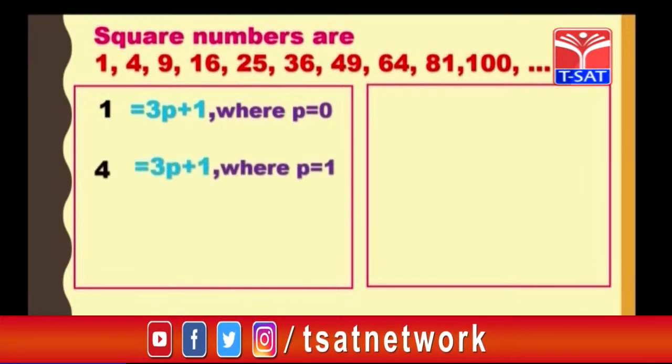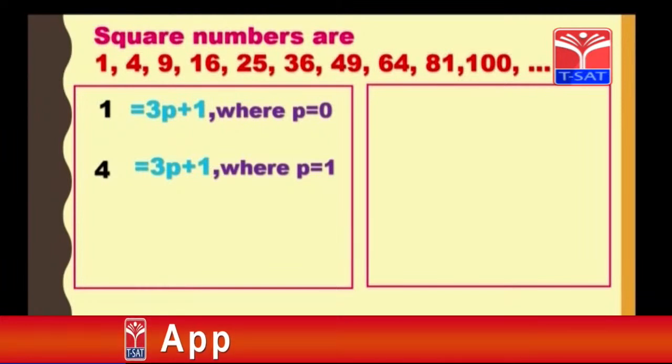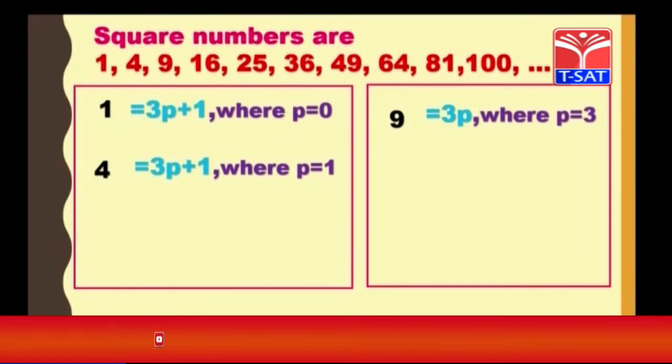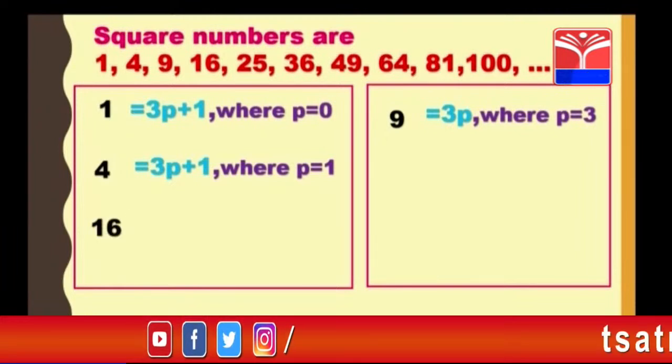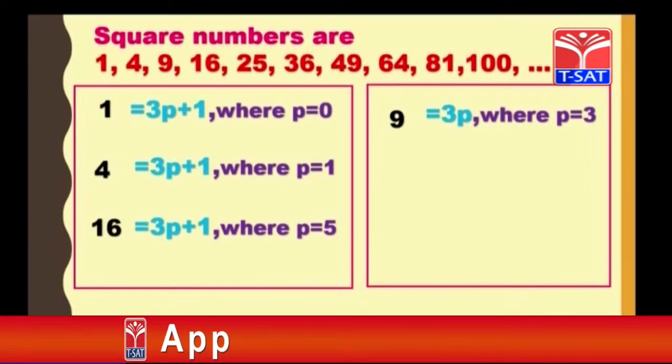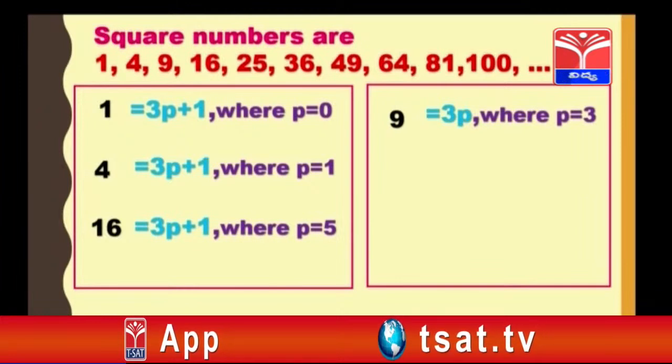Next number 4. 4 I can write again as 3p plus 1, where p is equal to 1. 9 I can write as 3p, where p is equal to 3. If I substitute p is equal to 3, I will get 3p as 9 only. Next number is 16. 16 is equal to 3p plus 1, where p is equal to 5: 5 threes are 15 plus 1.